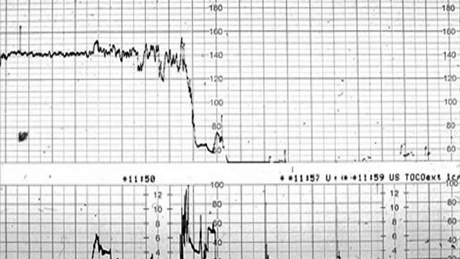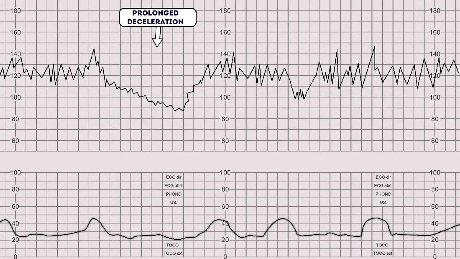We have also acute events that may occur during CTG, like acute bradycardia or prolonged deceleration lasting more than 3 minutes. And these are signs of abnormal CTG finding and need urgent intervention.